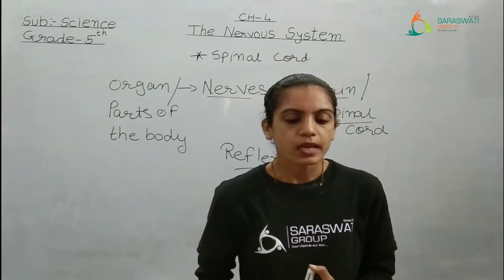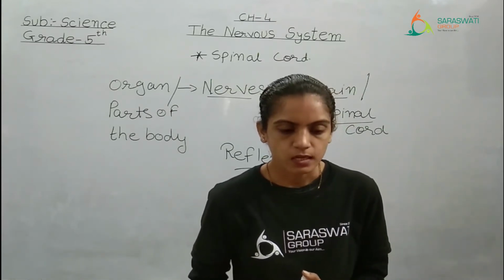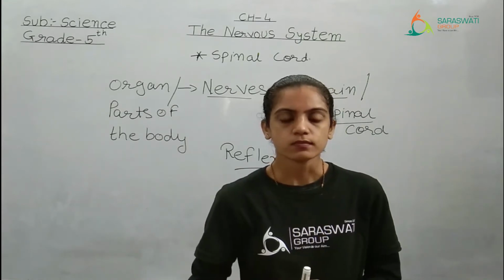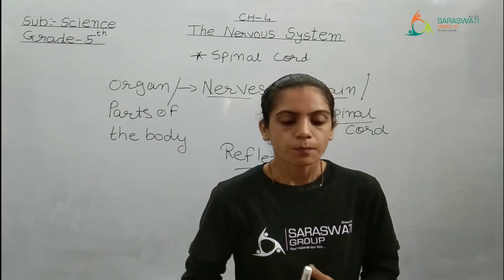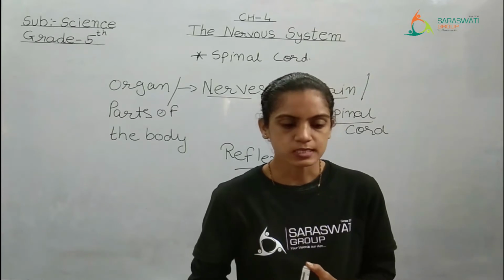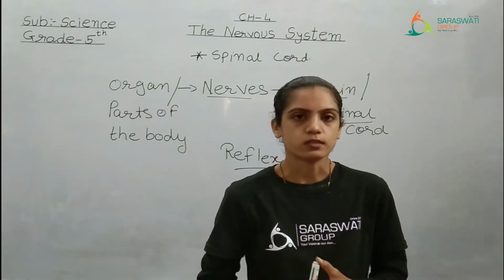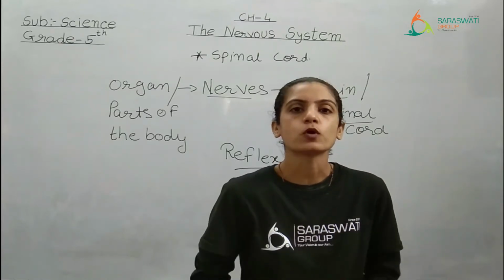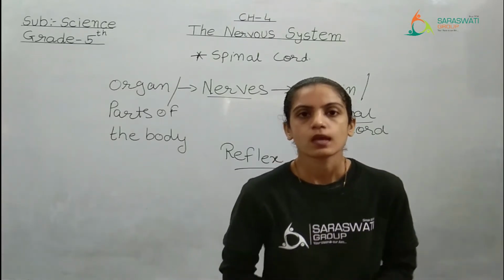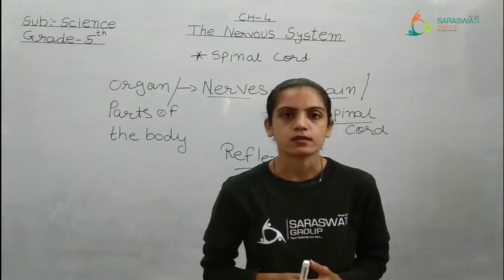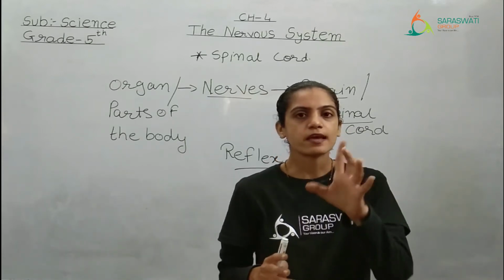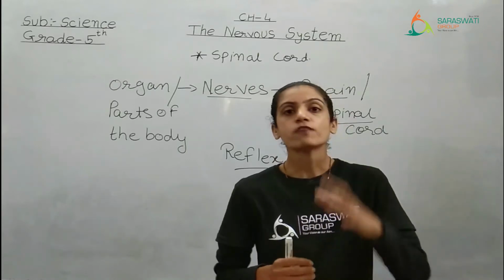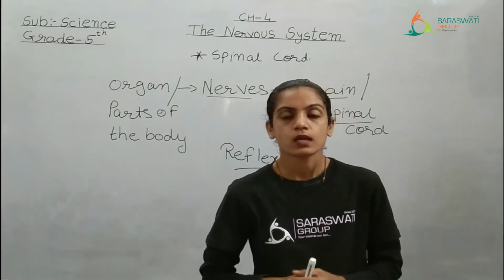Nerves are made up of nerve cells called neurons. Underline this. Nerves are made up of nerve cells called neurons. The picture of neurons is given in your textbook. See. And let me tell you one fact. We have studied cell, not much but a bit, in the beginning of lesson number 3.